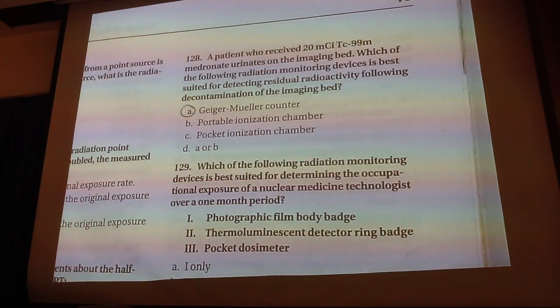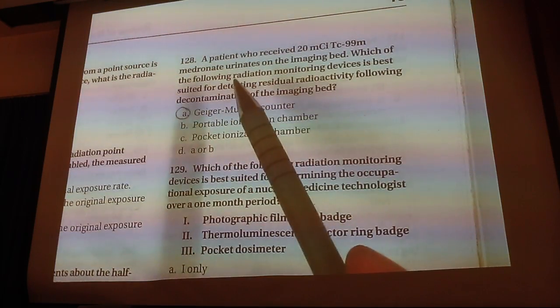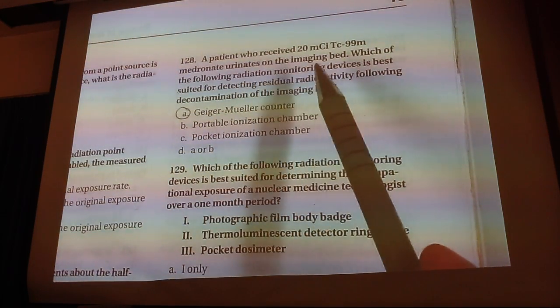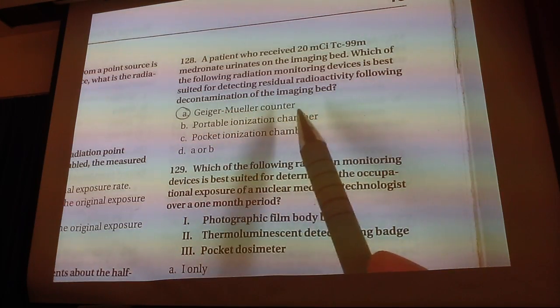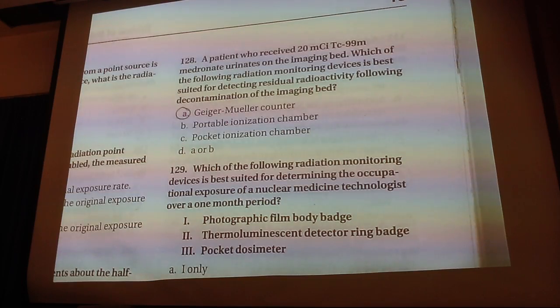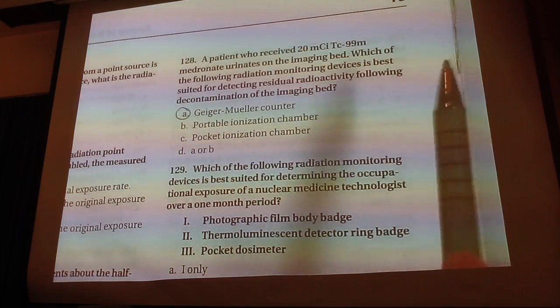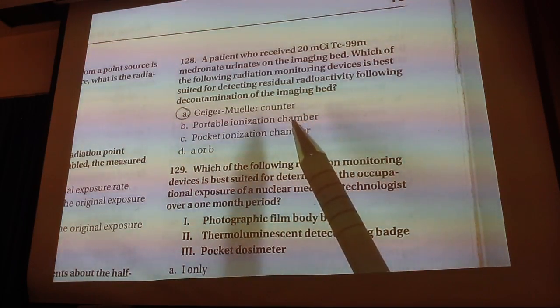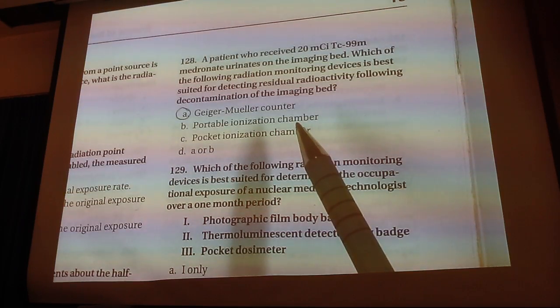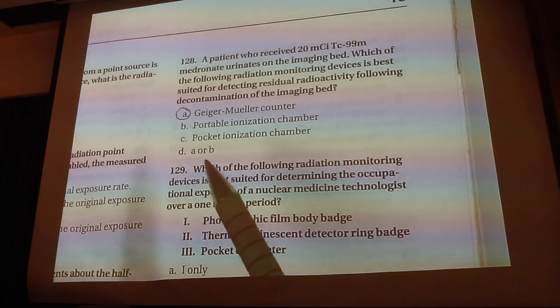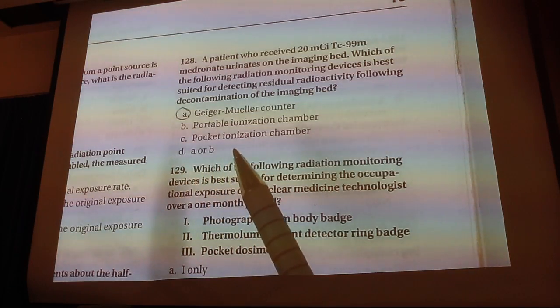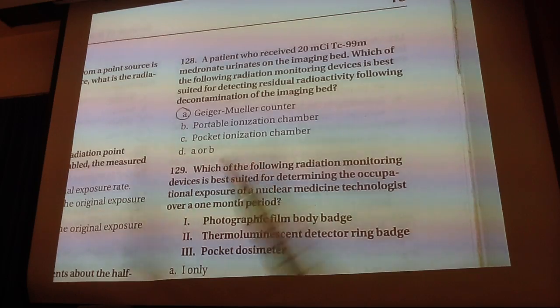Now here you go over here. 20 millicuries of technetium MDP, the patient urinates on the imaging table. Which of the devices would be the best for looking for residual radiation contamination? Remember that the Geiger-Müller is many, many times more sensitive than an ionization chamber. Sometimes I'll ask you which of the following detectors has the avalanche effect.